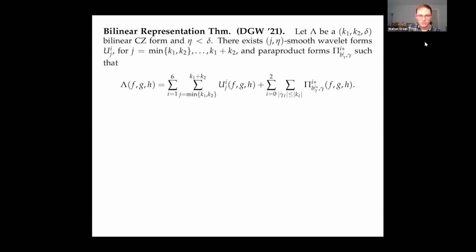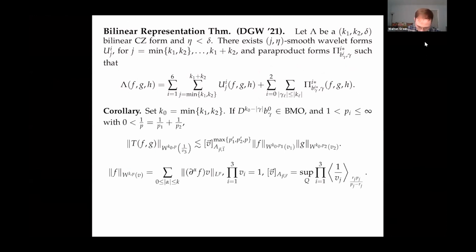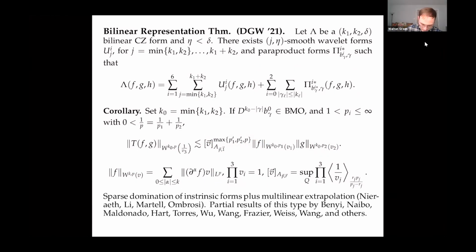So a corollary of this is that we can get the estimates on the inhomogeneous Sobolev spaces here, and even with the AP weights. And actually, we can even get the sharp AP weights, just like in the Lebesgue space theory. And how do we do this?